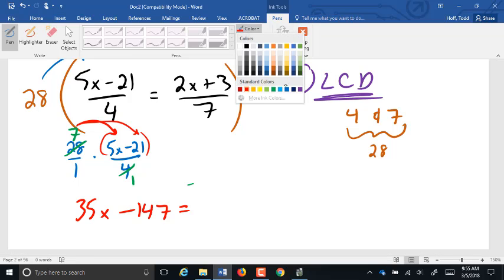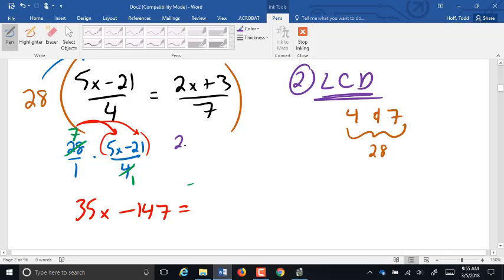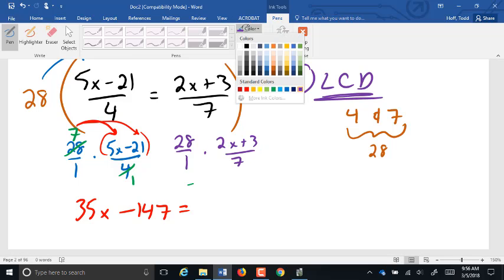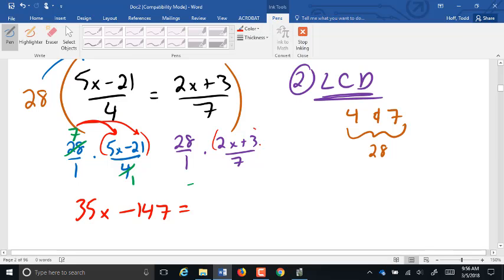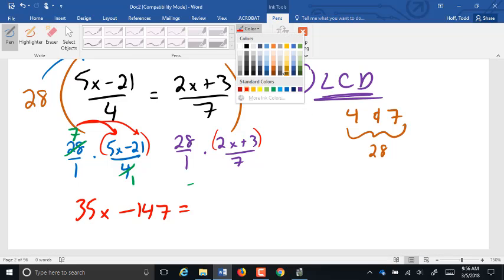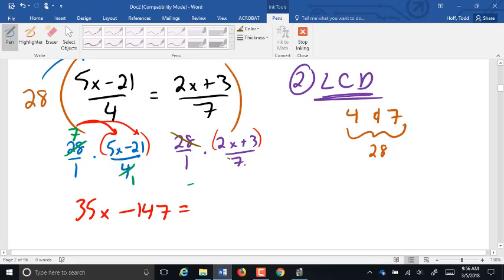On the other side, we have the 28 over 1 times 2x plus 3 over 7. Again, we treat this as though there's parentheses up there. We cross cancel the 28 and 7, both divide by 7. 7 divided by 7 is 1. 28 divided by 7 is 4.